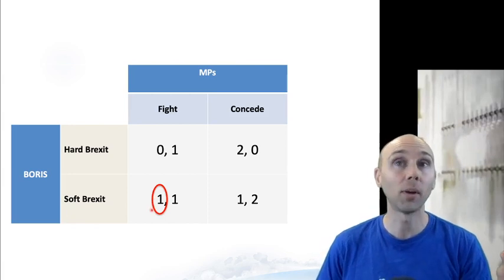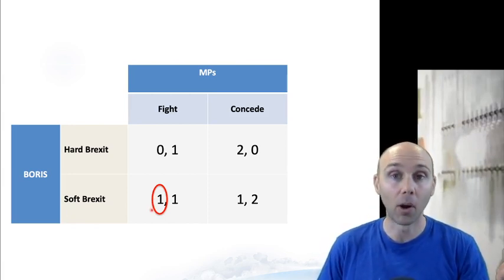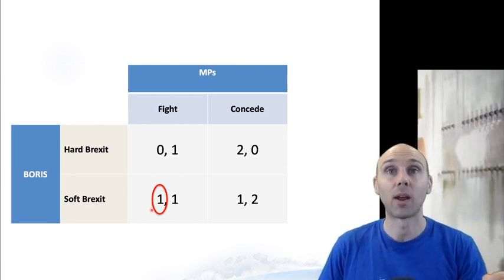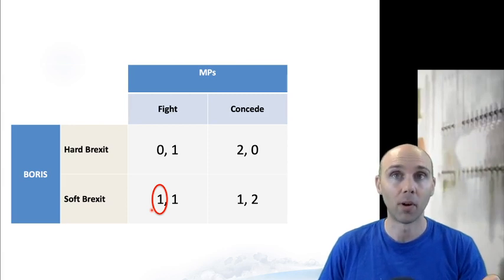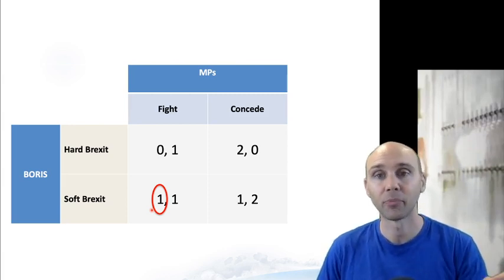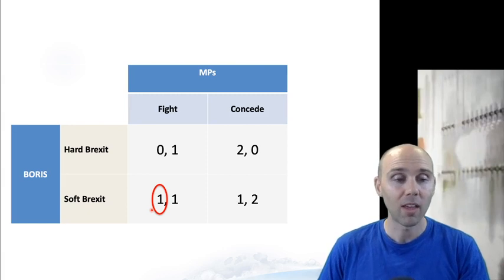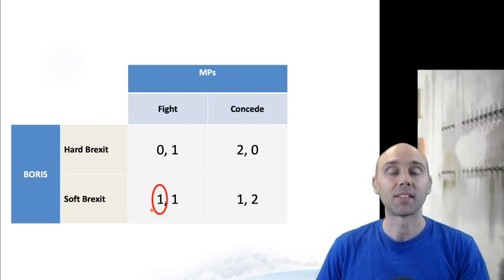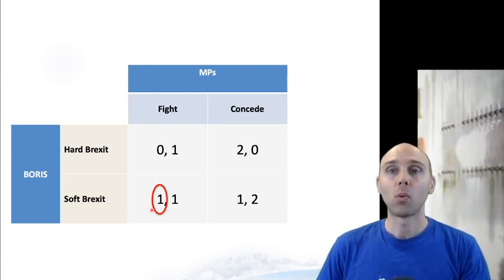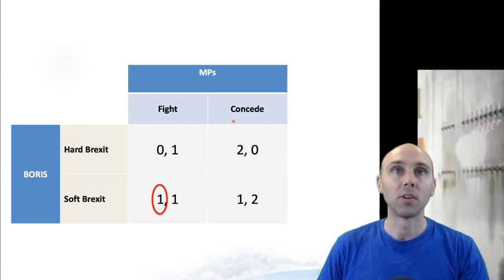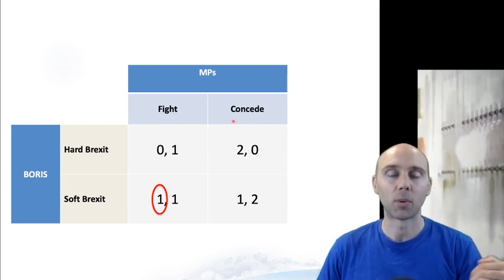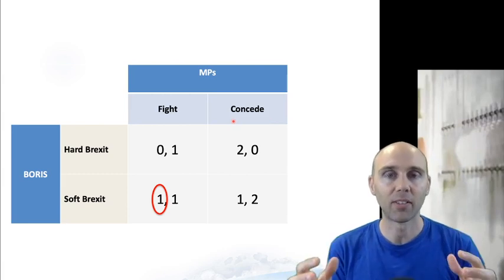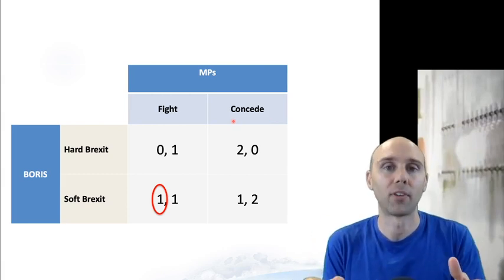And essentially we're looking to see if we can find a box where there are circles around both numbers, the number for Boris and the number for the MPs. If we find such a box, then the 2 players are playing the best response to each other and we have a Nash equilibrium. So what happens if the MPs choose to concede? Again, if we want to find Boris's best response, we need to put ourselves inside the mindset of the other player first.